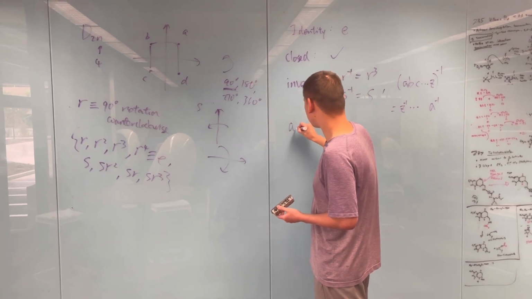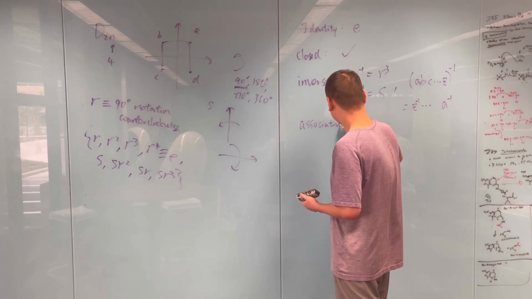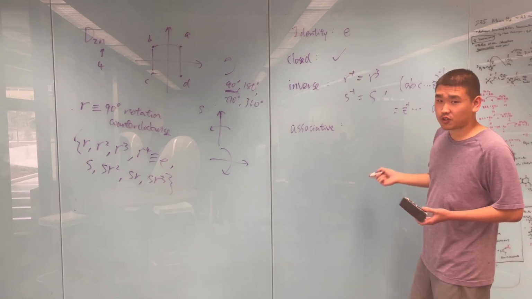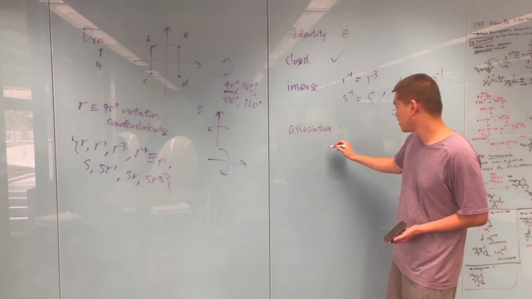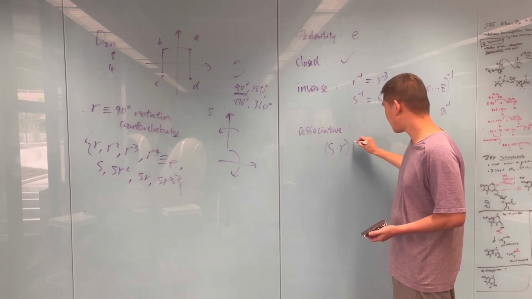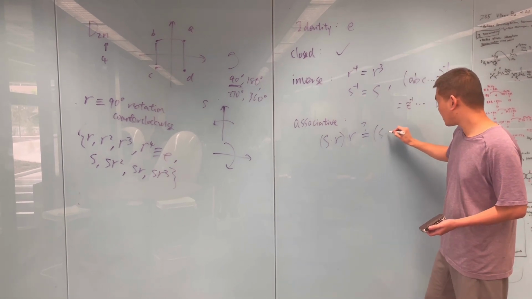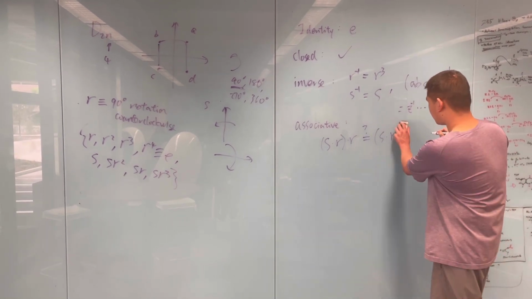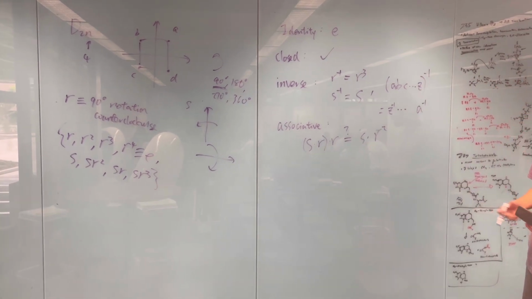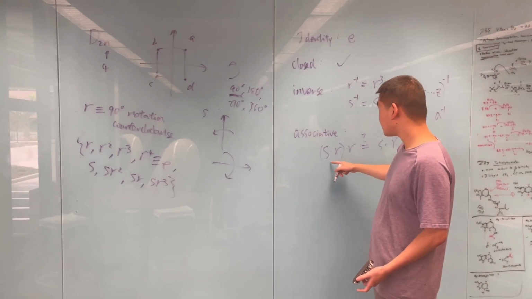Next we have associativity. And we have to discuss case by case. If we have S, R, is that the same as S, R squared? Well, we can just check that. What is SR?